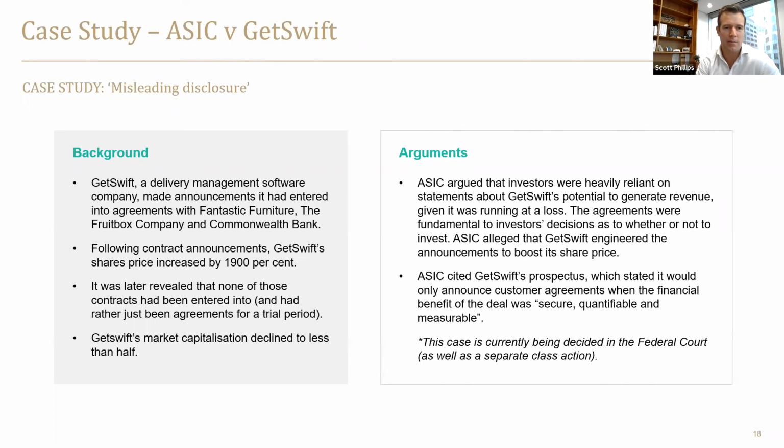And so the first part's what we were talking about, did you not disclose when you should have? But the other one is like GetSwift, you do disclose, but you've disclosed the wrong thing, or you've disclosed in a manner which misleads the market. And so not really a topic for today, but certainly something to keep in mind is once you cross that Rubicon and decide, yes, we will disclose, you need to be very careful about exactly what you are disclosing.